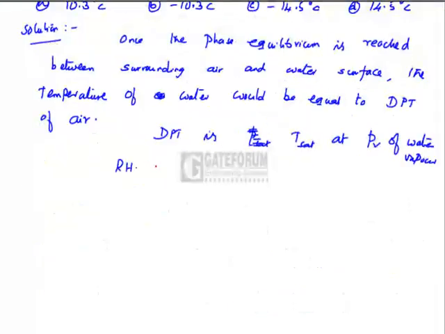because RH is given as 5%, which is equal to 0.05. RH is equal to PV by PS at dBT, implies PV is equal to, what is saturation pressure at a dry bulb temperature of 20?